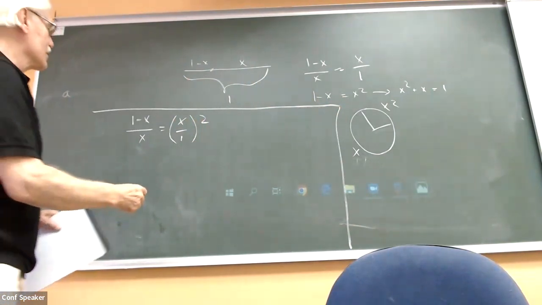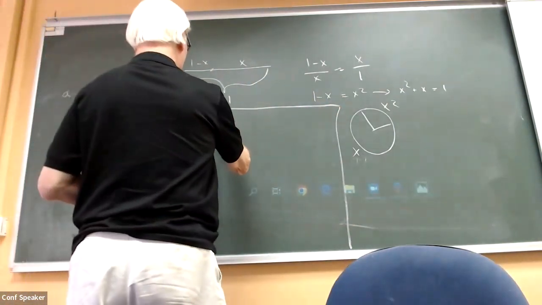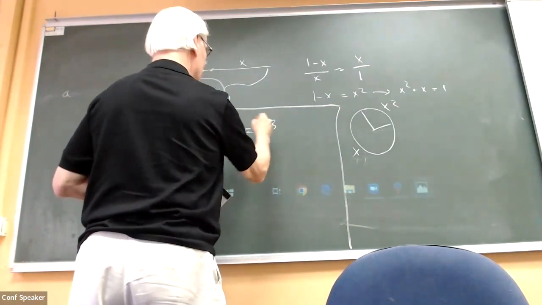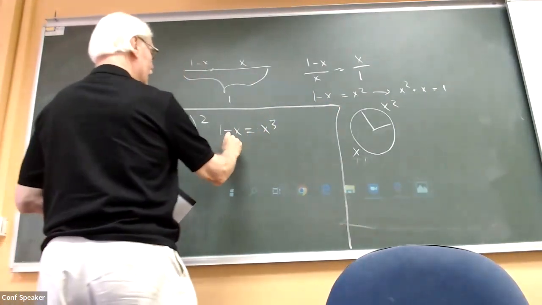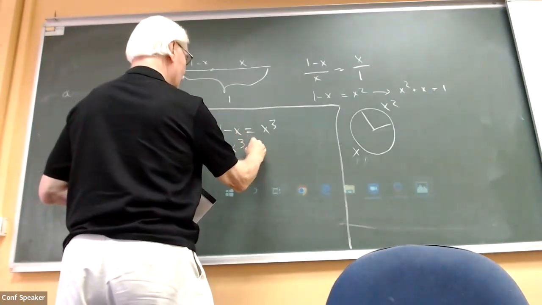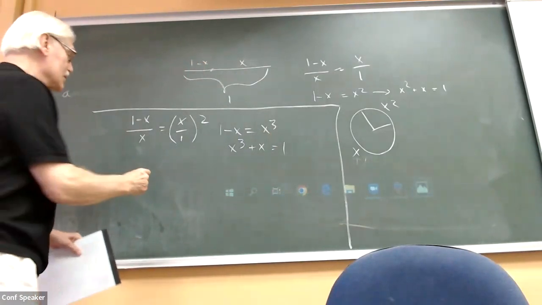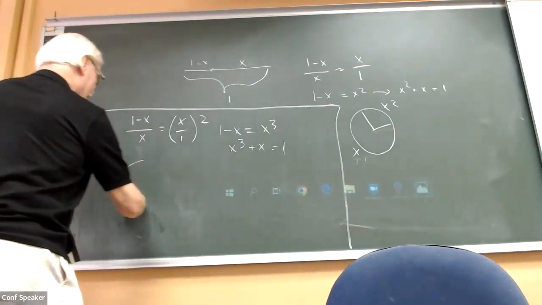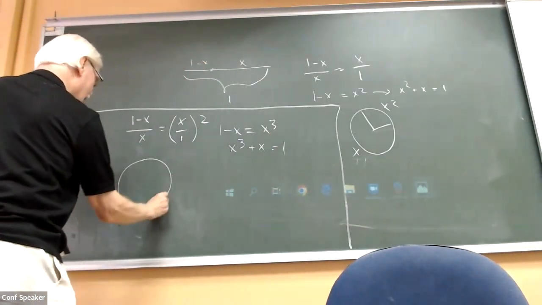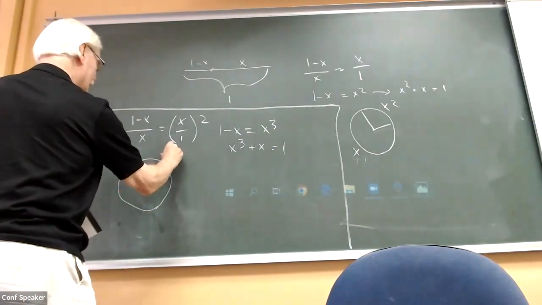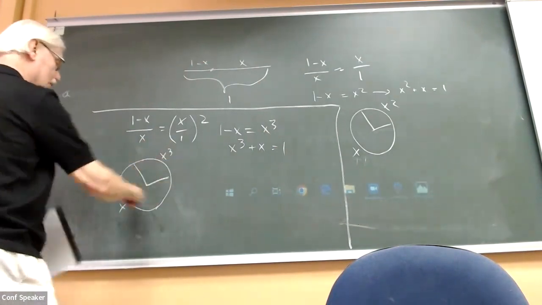So you get 1 minus x equals x cubed, and then x cubed plus x equals 1. So then you would have your circle with x cubed and x if the circumference is 1.